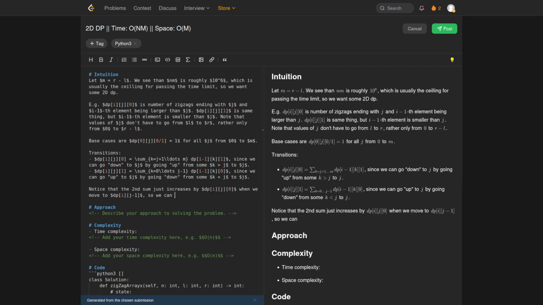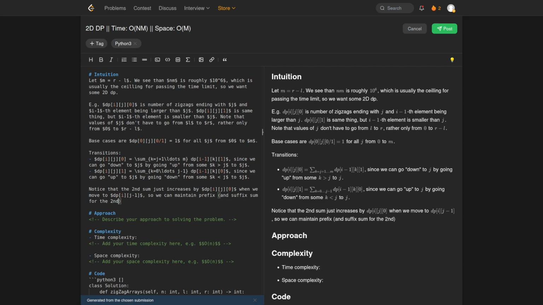We can maintain prefix and suffix sum for the second sum. So this is the first sum, so we can maintain prefix and suffix.